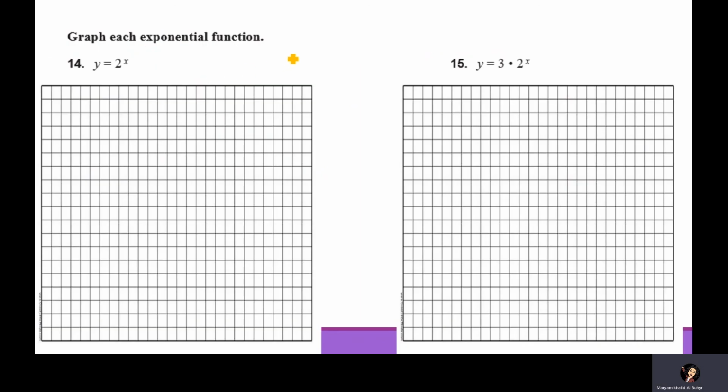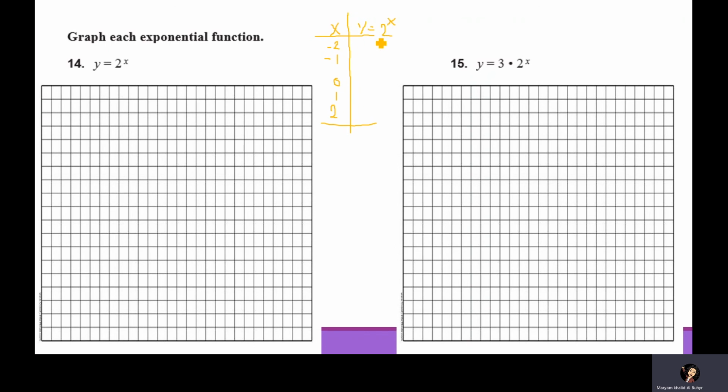We need to graph. So the graphing here, I told you, you must make a table. So just make a table for your graph. Just write x, choose some value, any value you like. So that is y, I will find the y values, which is equal to 2 to the power x. So once you substitute, I told you to use 2 values on the left and 2 values on the right, unless you have a word problem that will stop you from using negative numbers.